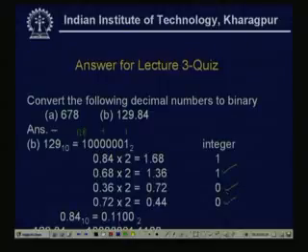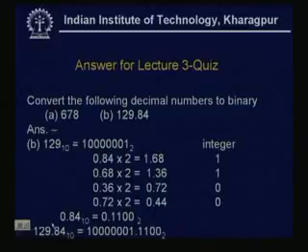So, the non-integer portion 0.84 in decimal is 0.1100 in binary. So, the number 129.84 in decimal is converted to the binary number 10000001.1100, and this is approximated.